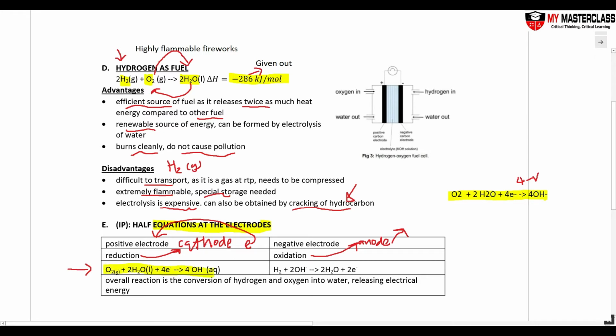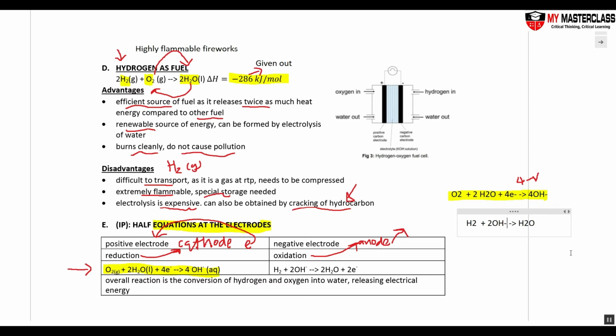For the oxidation reaction, I have my H2, which ultimately forms H2O. My H2 burns with oxygen to give me H2O. Same thing, how do I balance my H2O? I have to balance it with OH minus, my hydroxide ions. After I add this, likewise, I have to balance out the H. So I double it up, and in total I will have 4H, and I have to add a 2 here.